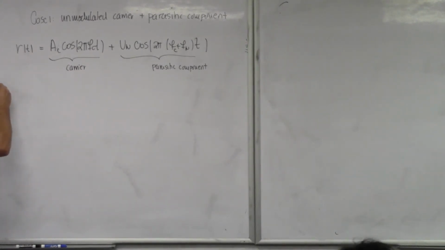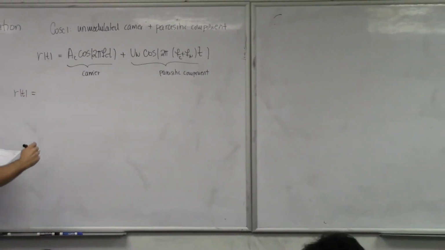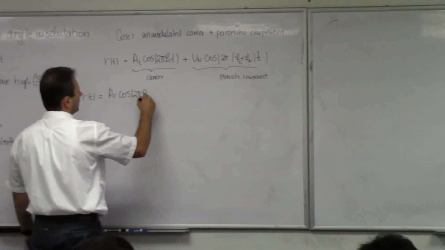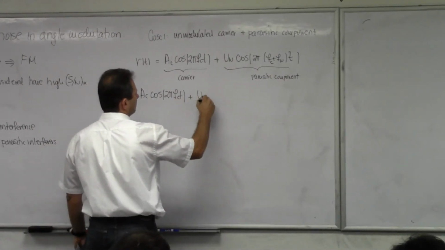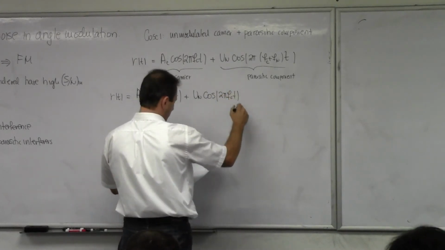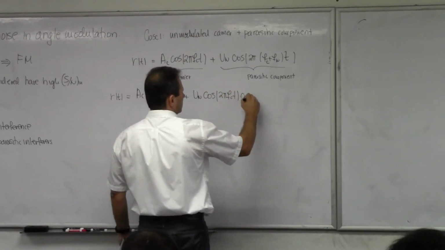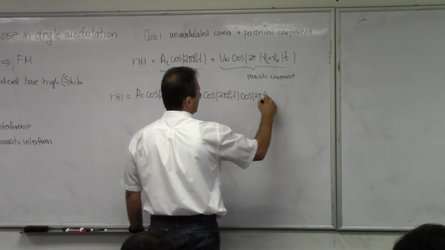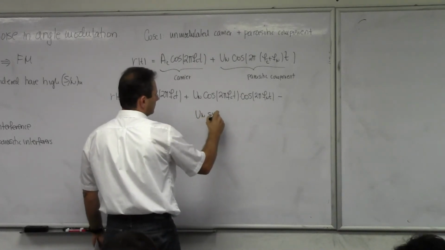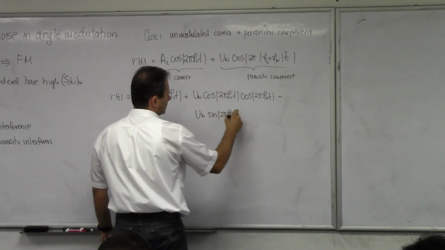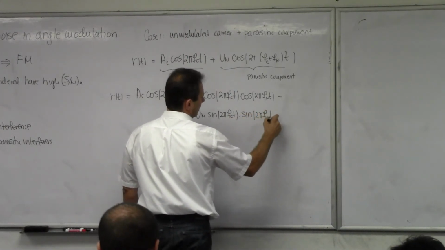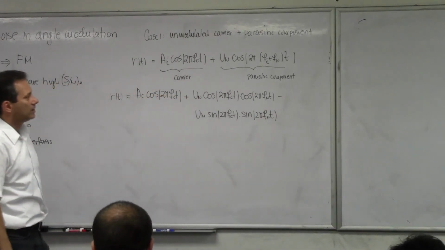We know that this can be rewritten as something like this: A_C cosine 2 pi f_C t plus U_N cosine 2 pi f_C t times cosine 2 pi f_N t, minus U_N sine 2 pi f_C t times sine 2 pi f_N t. What did I do? Nothing smart.